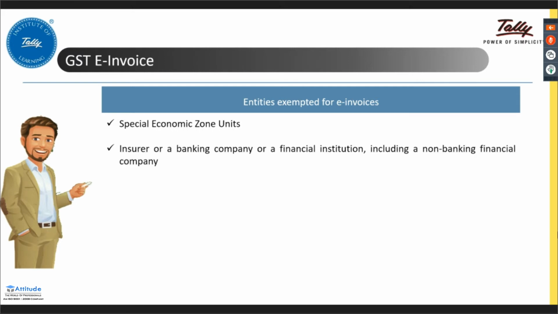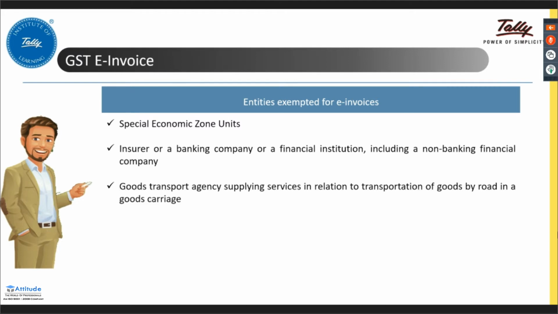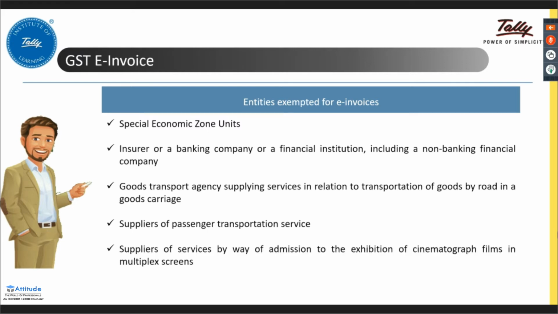Special economic zones, an insurer or a banking company or a financial institution, including a non-banking financial company, a goods transport agency, that is GTA, supplying services in relation to transportation of goods by road in a goods carriage vehicle, suppliers of passenger transportation service, and suppliers of services by way of admission to the exhibition of cinematograph films in multiplex screens.